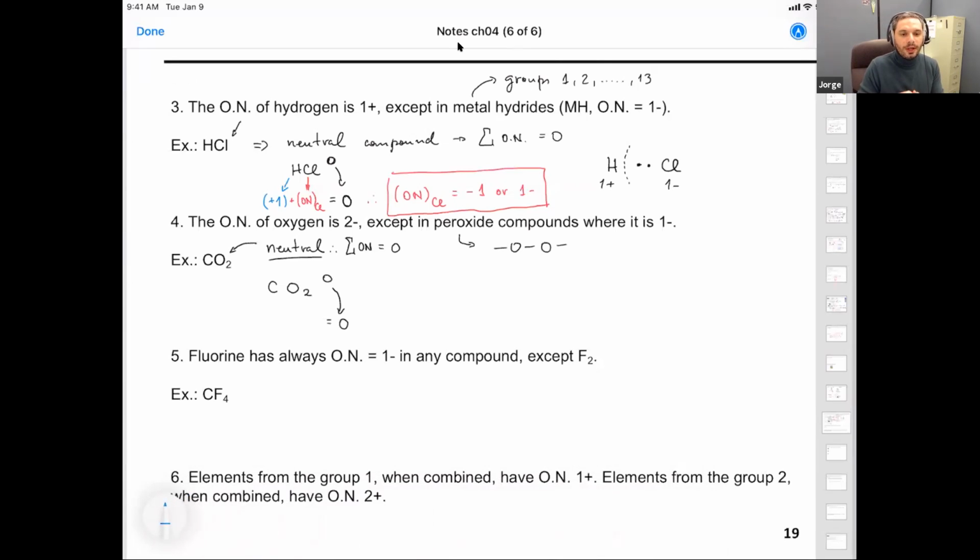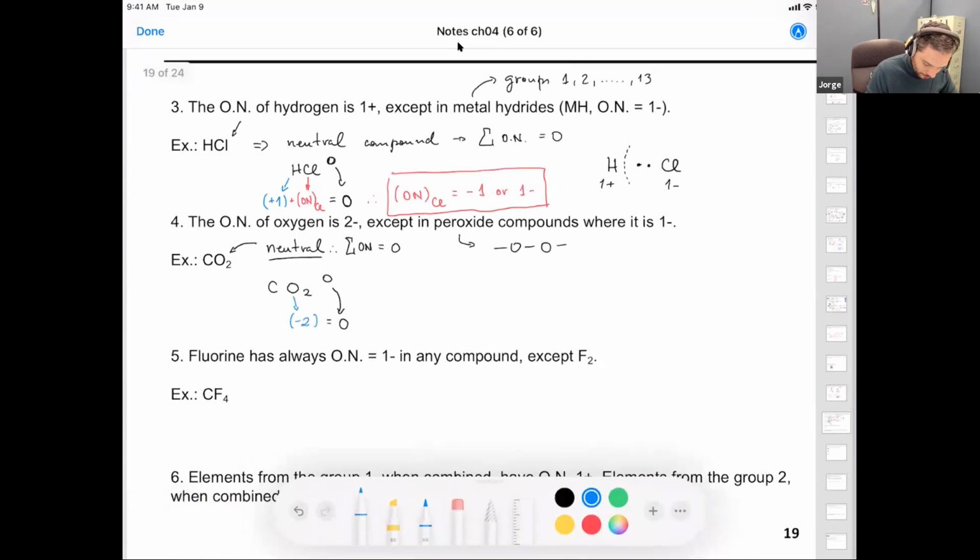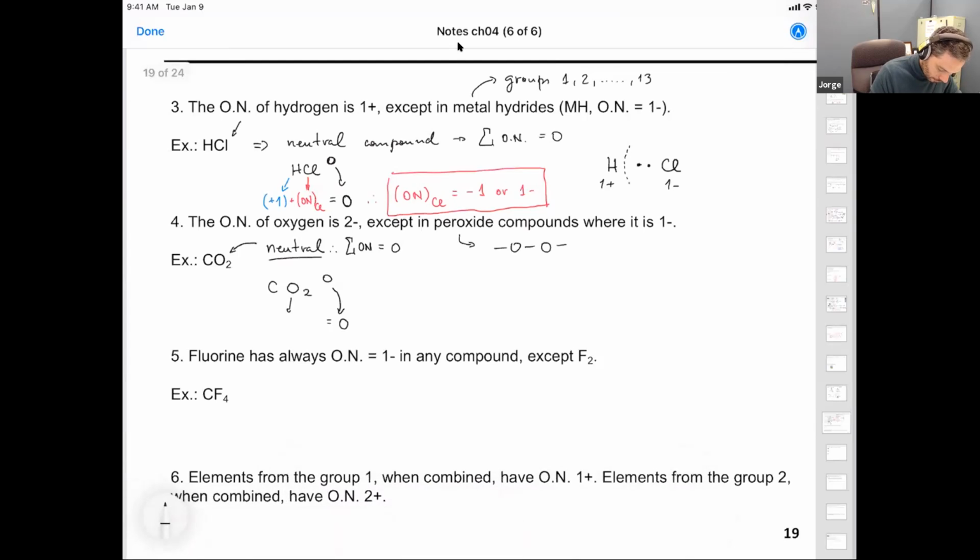We know that oxygen is so strong that the oxidation number for this element in a compound is usually going to be 2 minus. So let's write -2 for the oxygen.